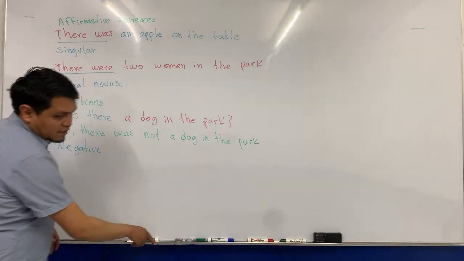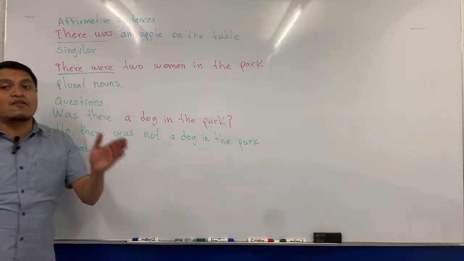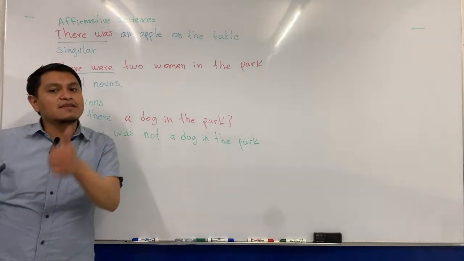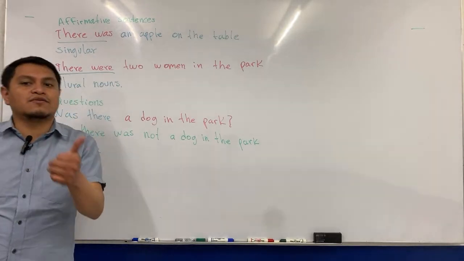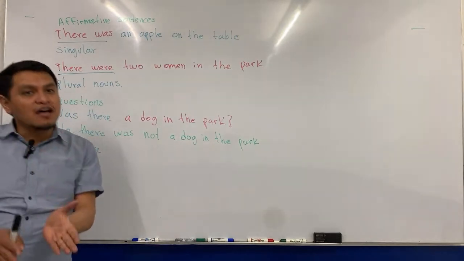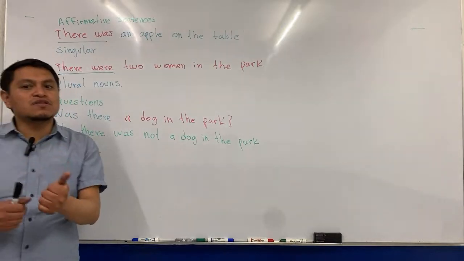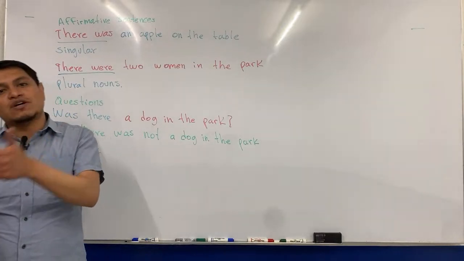For negative sentences, please pay attention to all this knowledge. The negative form of there was or there were is formed by adding not after was or were. You can also use a short form or contraction.